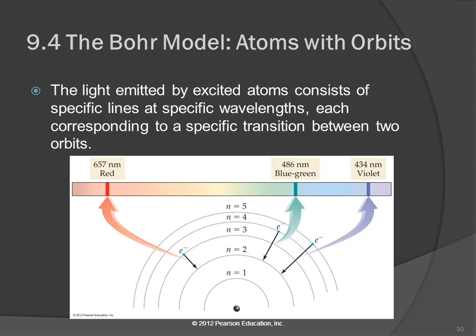These wavelengths can be measured. From the wavelength, we can calculate the energy. So Bohr was able to do all these awesome calculations and calculate the energies of the orbits of the electrons in the hydrogen atom. And it was, wow, it was just amazing.